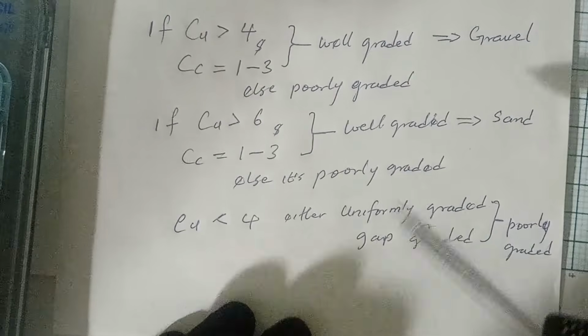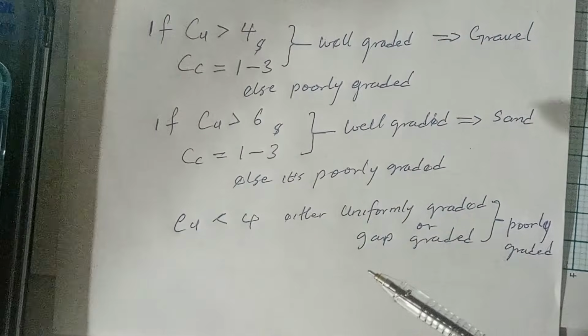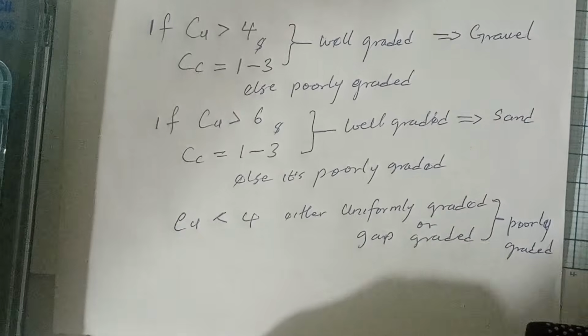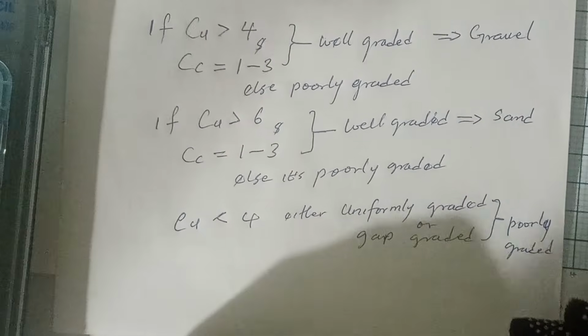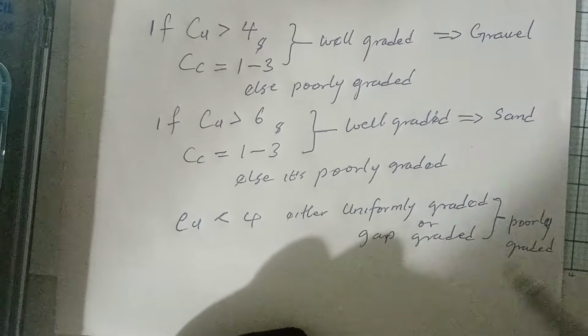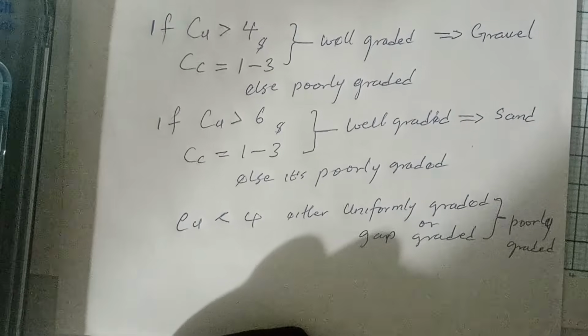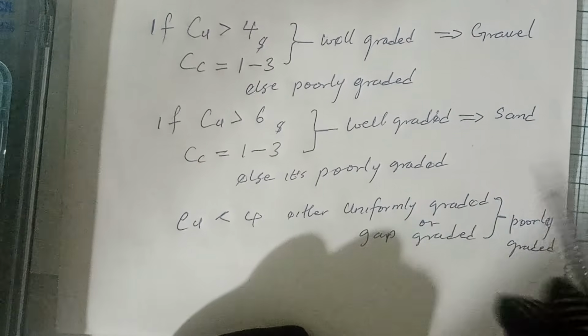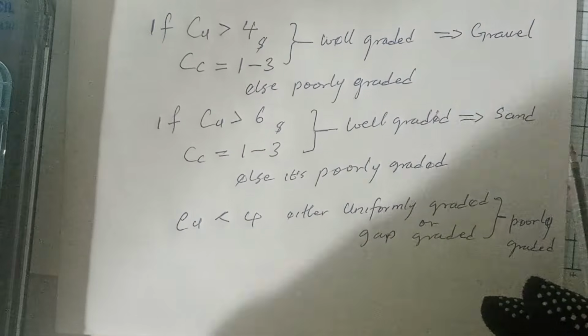In terms of construction purposes, well-graded soil is preferred because it has a lesser void ratio compared to uniformly graded soil or gap graded soil.